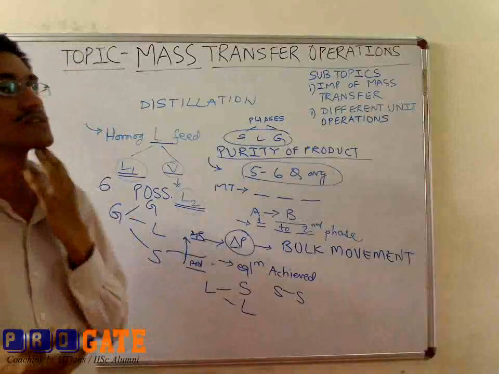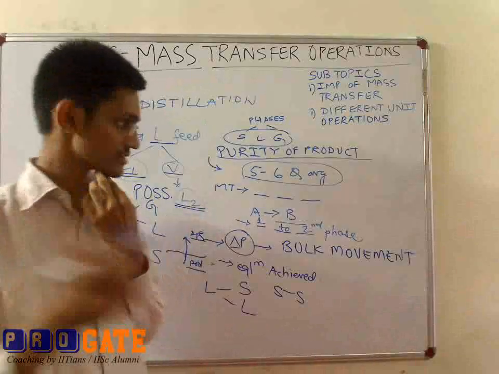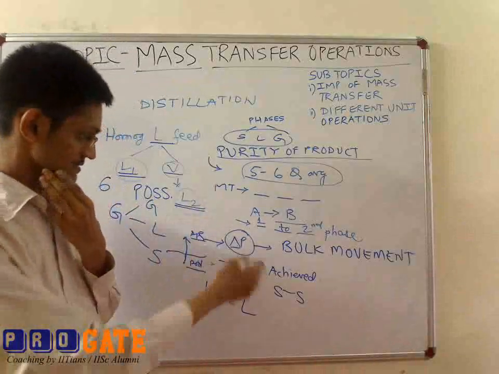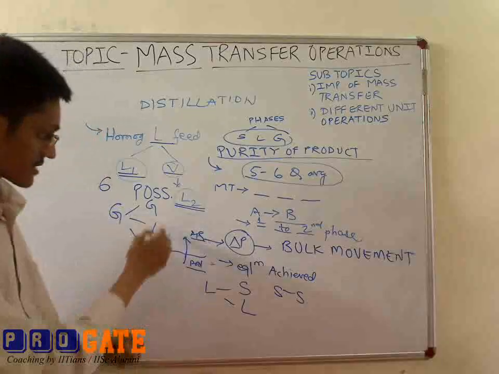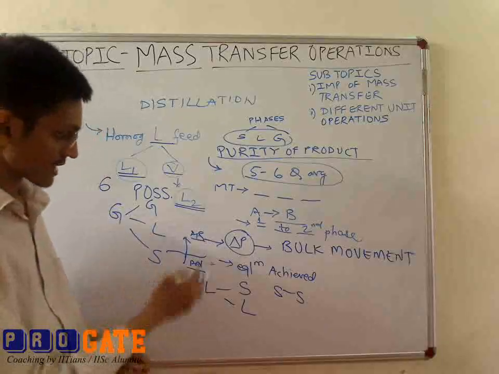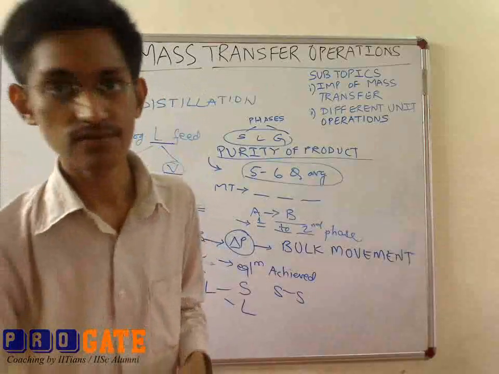And depending on the phases, we have 3 states of matter: gas, liquid and solid. How you contact them would classify 6 different possibilities, and within each category we have different unit operations that we would be listing.